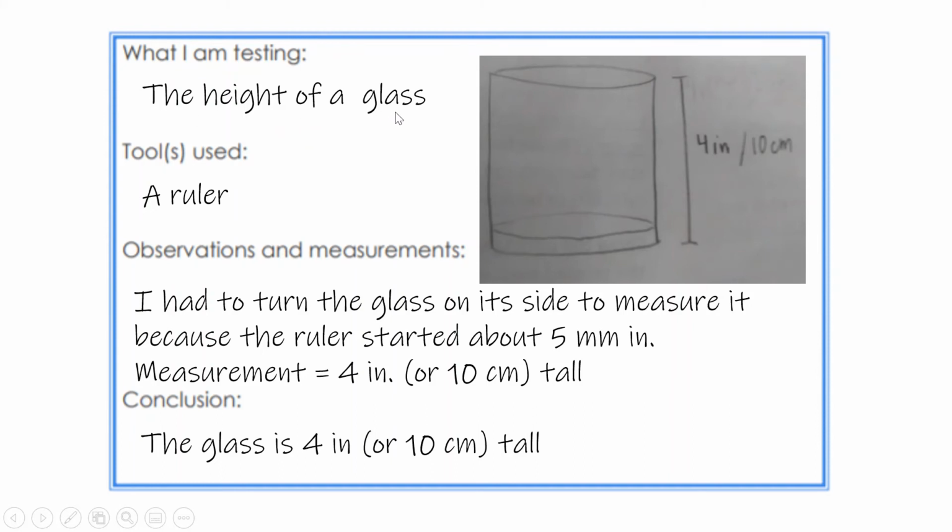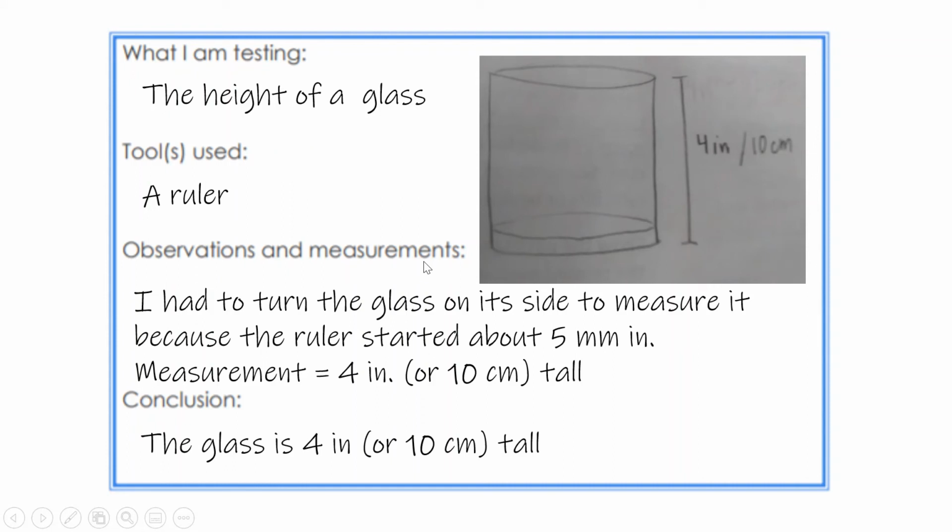Now this can be the length of a pencil, or the width of the cabinet, or the length of my pants, or anything. It's your idea. You figure it out. What do you want to measure, either with a ruler or a tape measure or a measuring tape? The tools that you're going to use, you're going to write here. So I measured the height of a glass and I used a ruler.